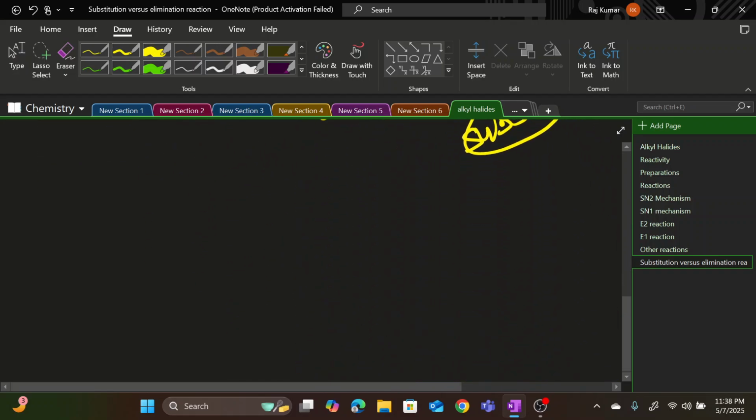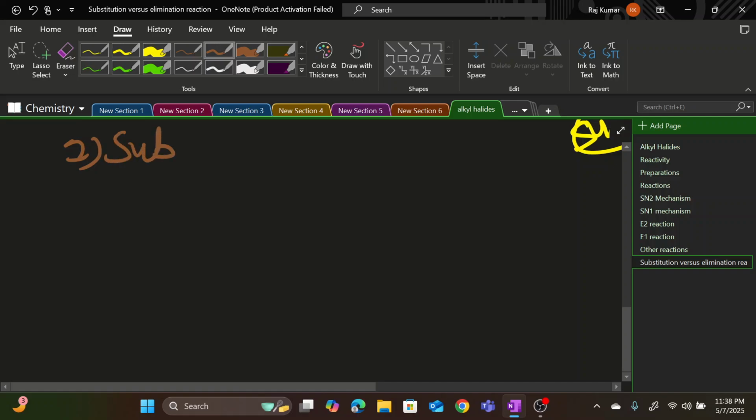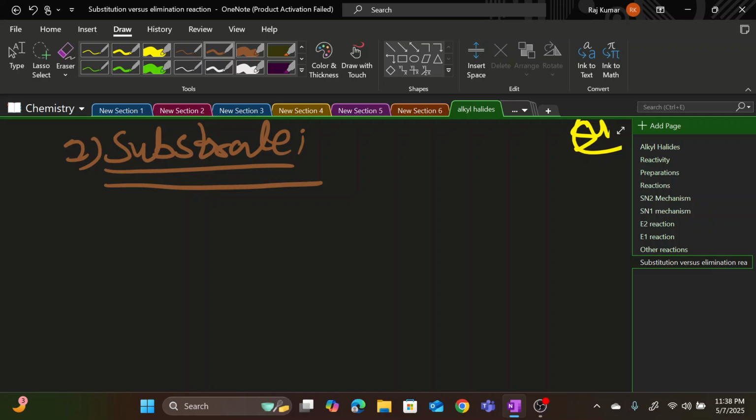Alright. So let's understand some factors on which we can increase the yield of substitution reaction or the elimination reaction. Number one factor that needs to be considered is the substrate. Tertiary alkyl halide will favor elimination, because tertiary alkyl halide has a lot of steric effect and inductive effect, which makes the beta hydrogen readily available for the base to come and attack and eliminate the beta hydrogen.